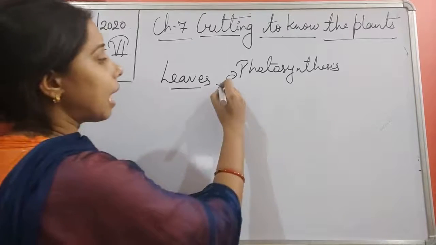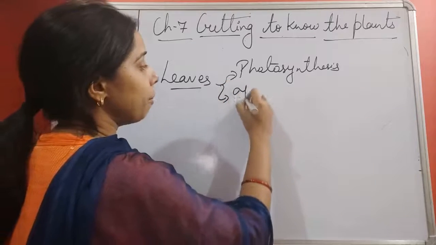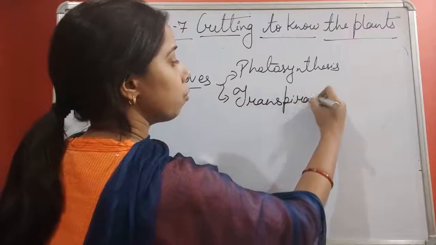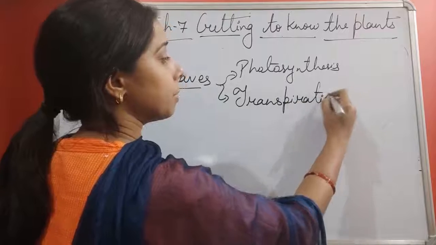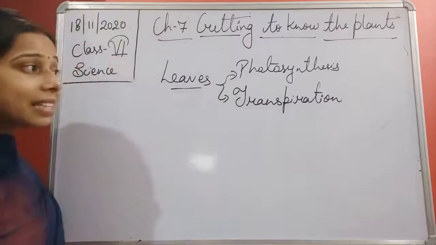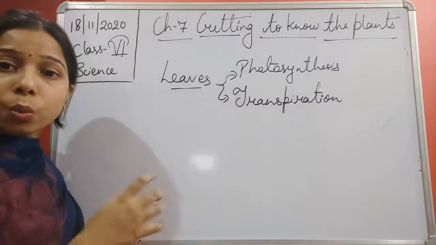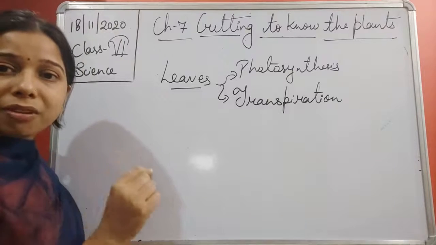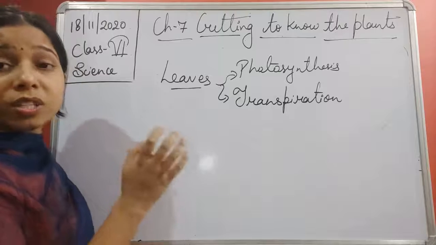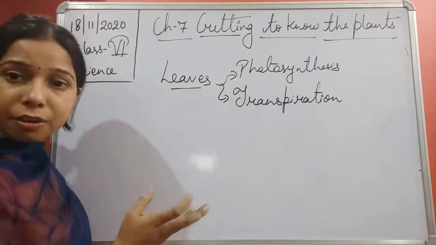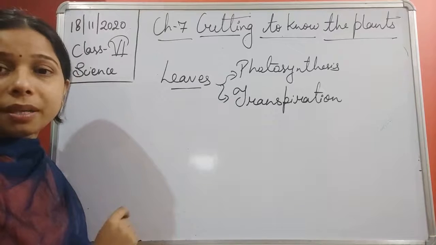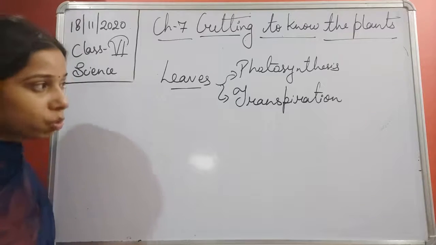The second thing, students, that the leaves perform is the process of transpiration. In transpiration, the excess amount of water is released from the leaves with the help of very thin pores present on the leaf lamina, known as the stomata.